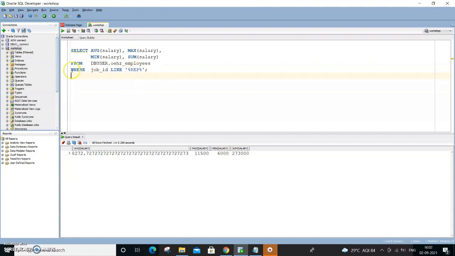Here, if you want to do a group by, let's say, by department ID.